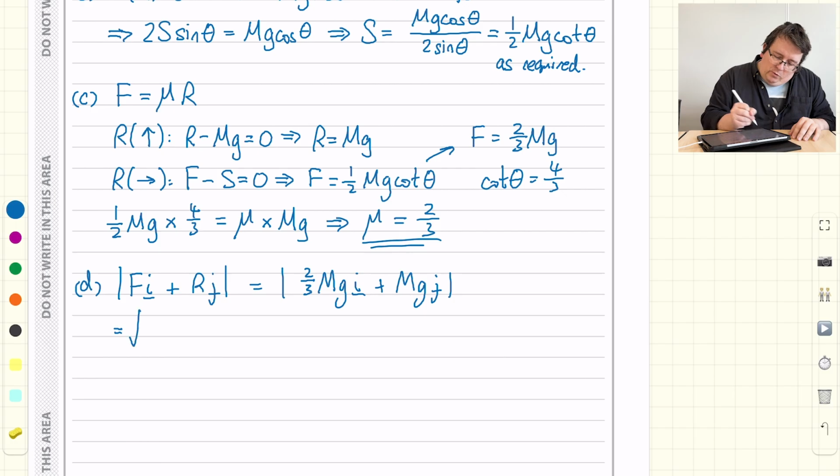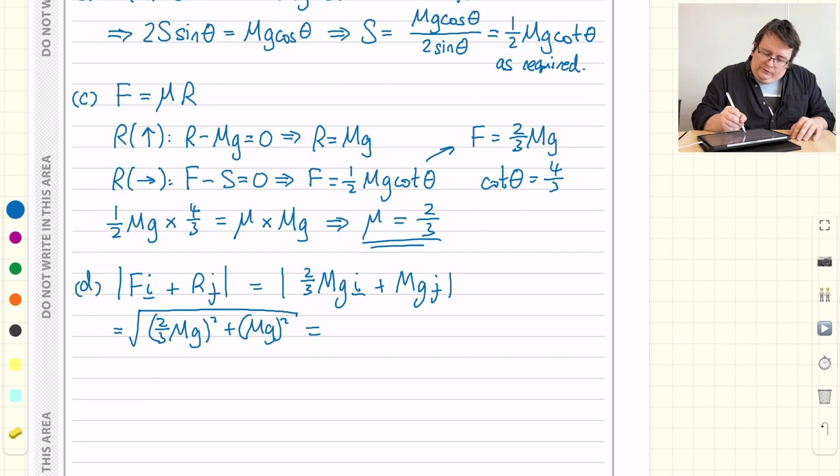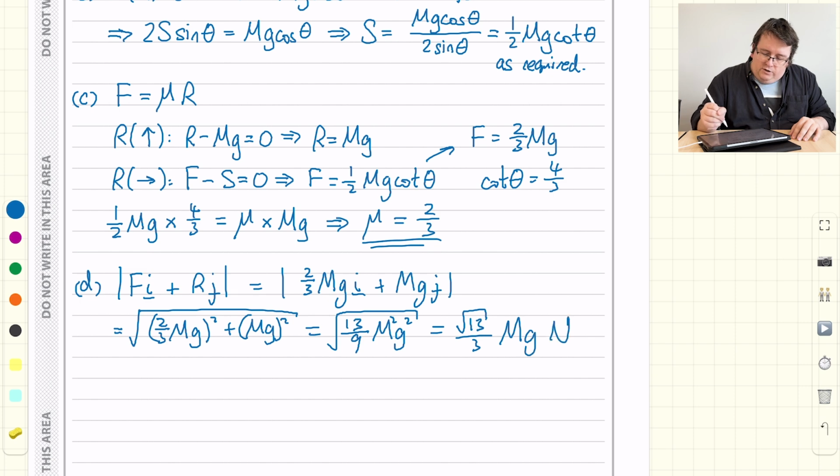So that's equal to the square root of (2/3 mg) squared plus mg squared. So that's 4/9 plus 1, so that's 13/9 mg all squared, so m squared g squared, square rooted. So that's root 13 over 3 mg newtons. And so that's the resultant force.